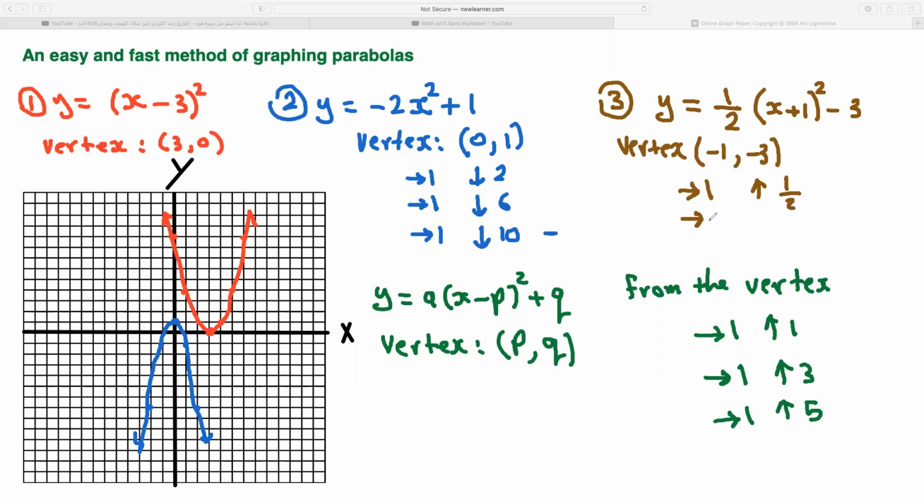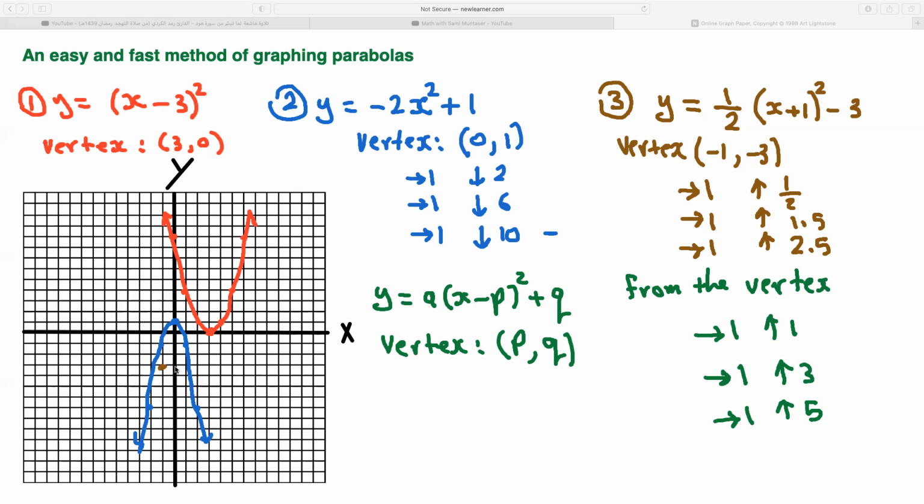And then out 1, instead of up 3, 3 times a half is 1.5 in decimal form. And then instead of out 1, up 5, you multiply the half by the 5 and you get 2.5.